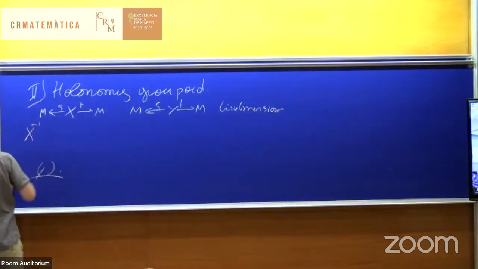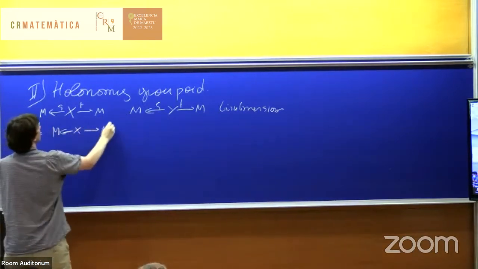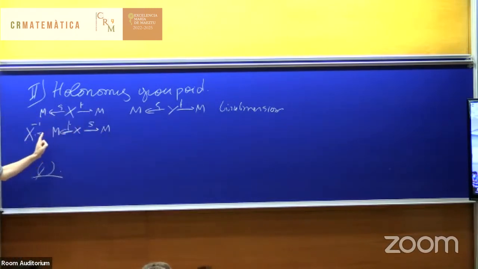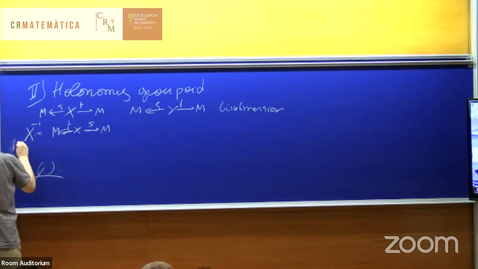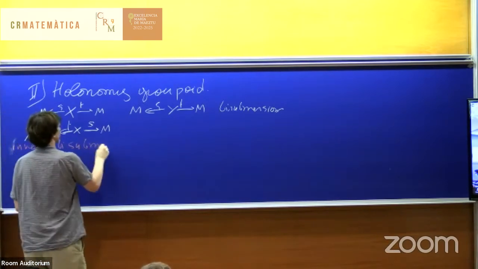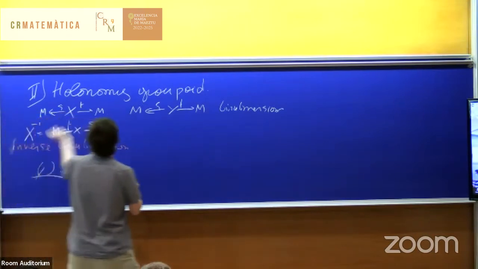We call X^-1 the bisubmersion that is the same one, just S became T, T became S. I call it the inverse bisubmersion. And I can take both of them.